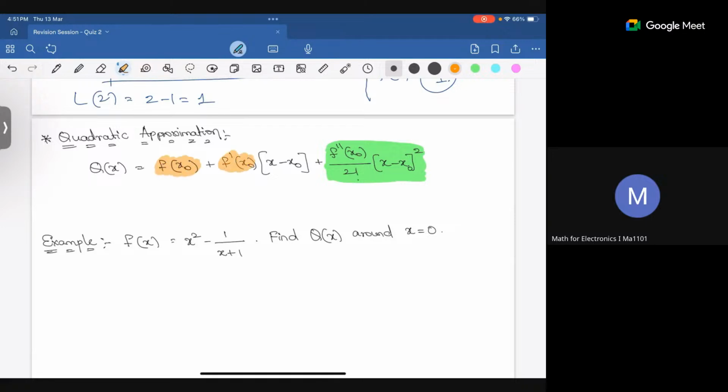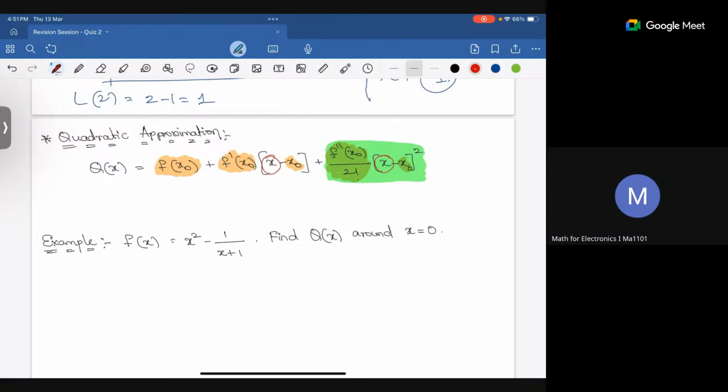This is constant. This is constant. Because once you know the x naught point, you can actually compute them. Right. This is also constant. So the only variable here is x.